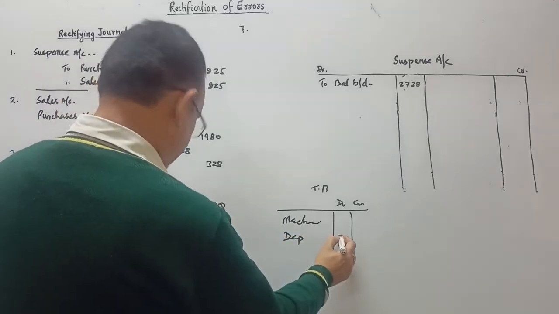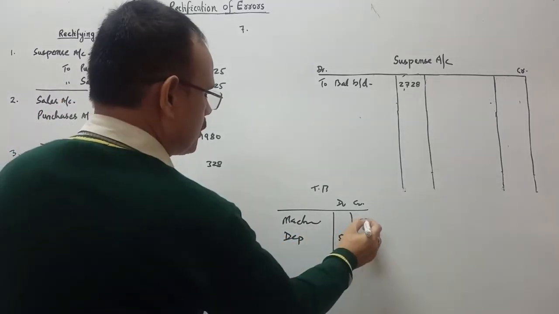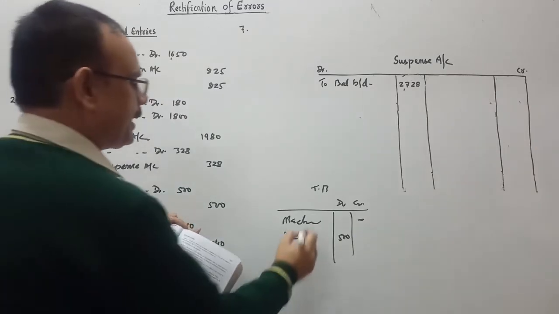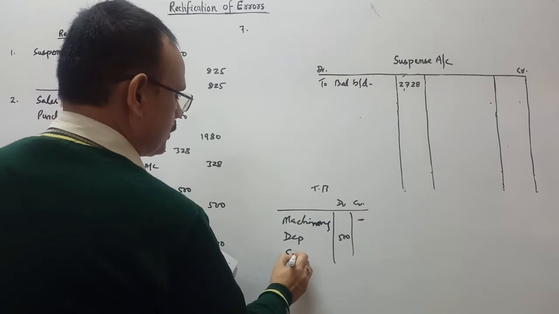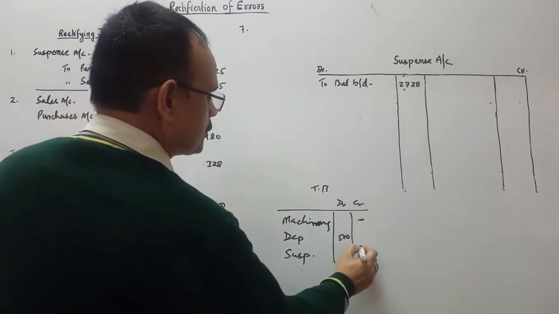Depreciation you have written, 500 rupees on the debit side, but it is not posted to the credit of the machinery account. Machinery account you have not written. So the suspense account is opened because of this reason.